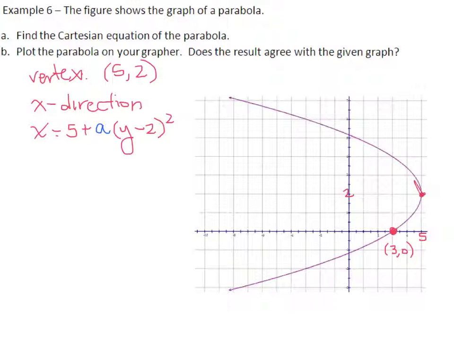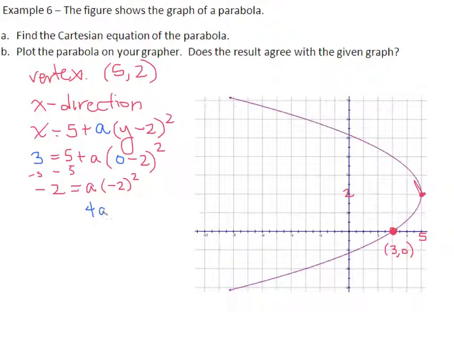So when I put 3 in for x, I have 3 equals 5 plus a times y is 0, 0 minus 2 squared. 0 minus 2 is negative 2. I'm also going to bring this 5 over to the other side, so I have negative 2 equals a times negative 2 squared. Negative 2 squared is 4, so I have negative 2 equals 4a. Therefore, a equals negative 1/2.